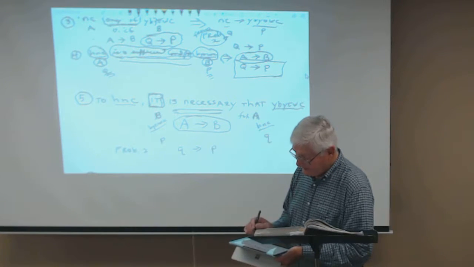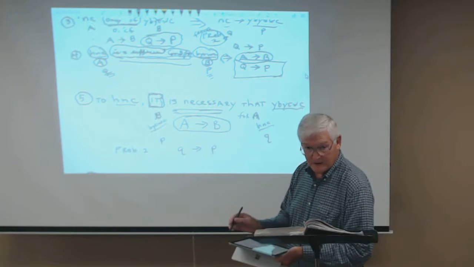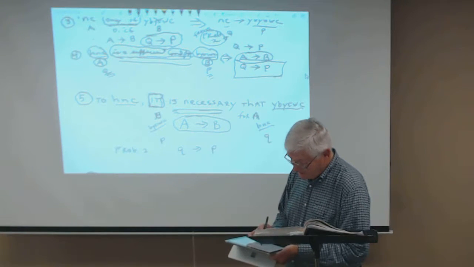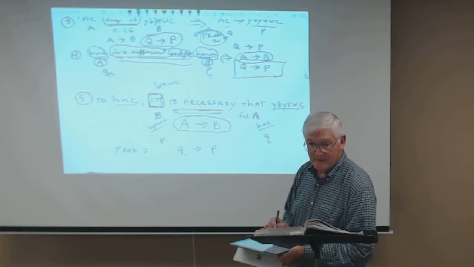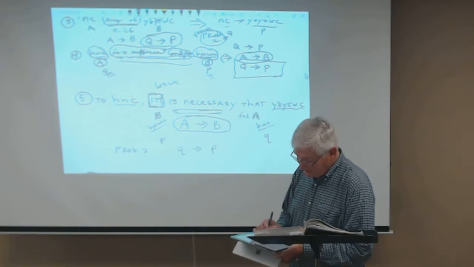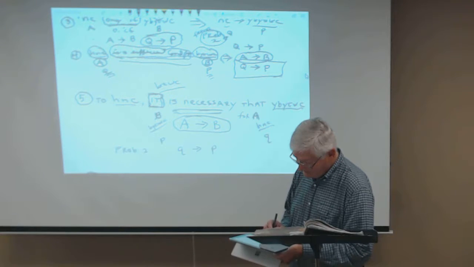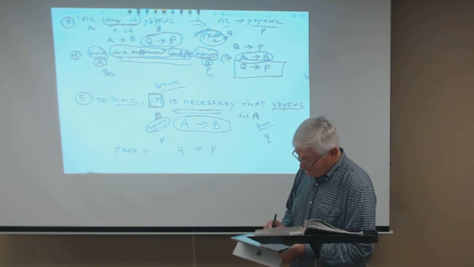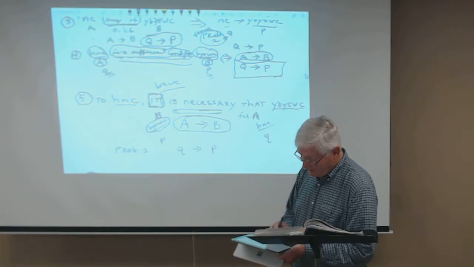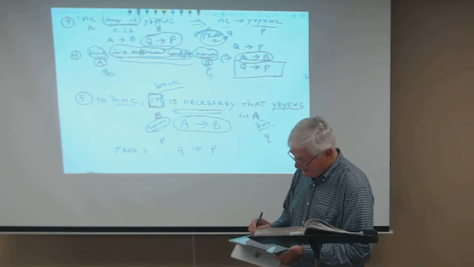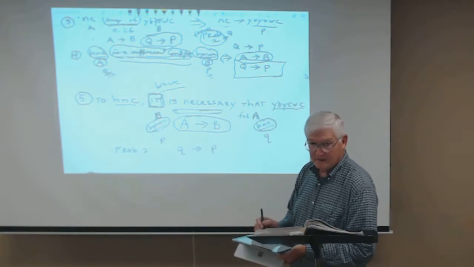It is necessary that you brush your teeth with clean. So it is brushing your teeth with clean. Everybody follow that? So brushing your teeth with clean is necessary for what? Having no cavities.